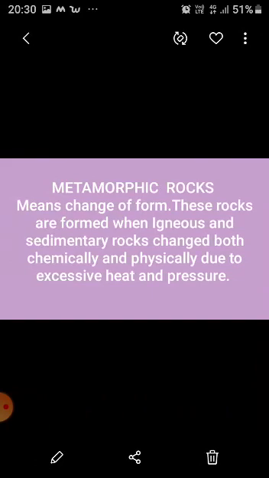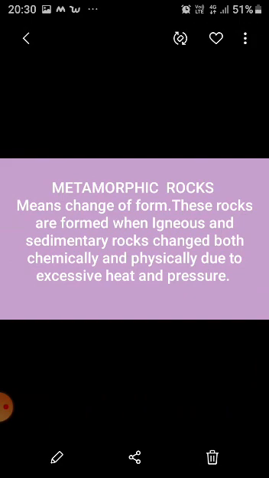Then come the metamorphic rocks. Metamorphic means change of formation. These rocks are formed when igneous and sedimentary rocks change both chemically and physically due to excessive heat and pressure.